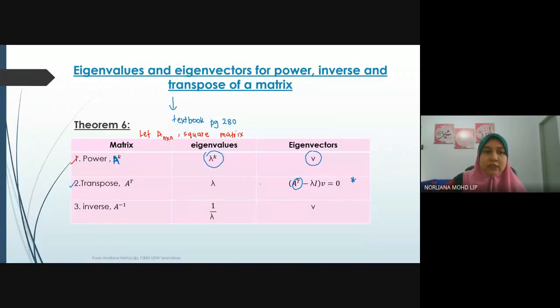Okay, and the third one is to find the eigenvalues and eigenvector for A inverse. You don't have to inverse this matrix A lah. Just follow this theorem. To find the eigenvalues of A inverse equal to 1 over lambda, and the eigenvector equal to the original eigenvector. So just tukar kat sini lah 1 over lambda.